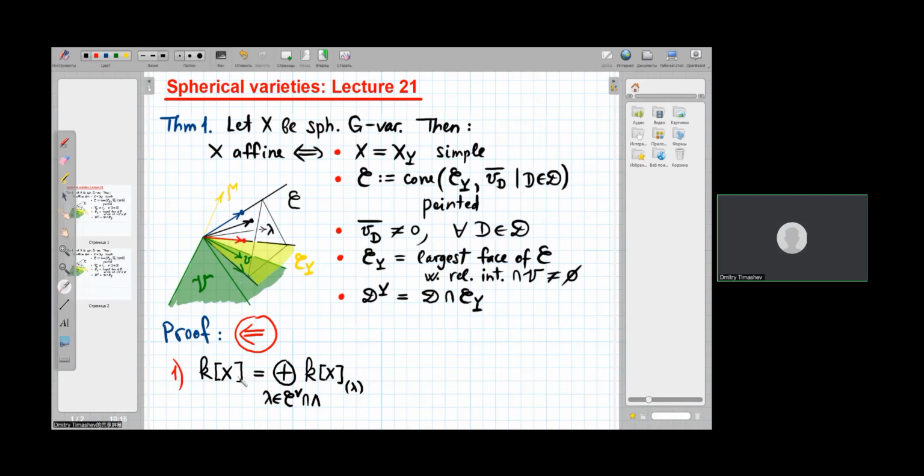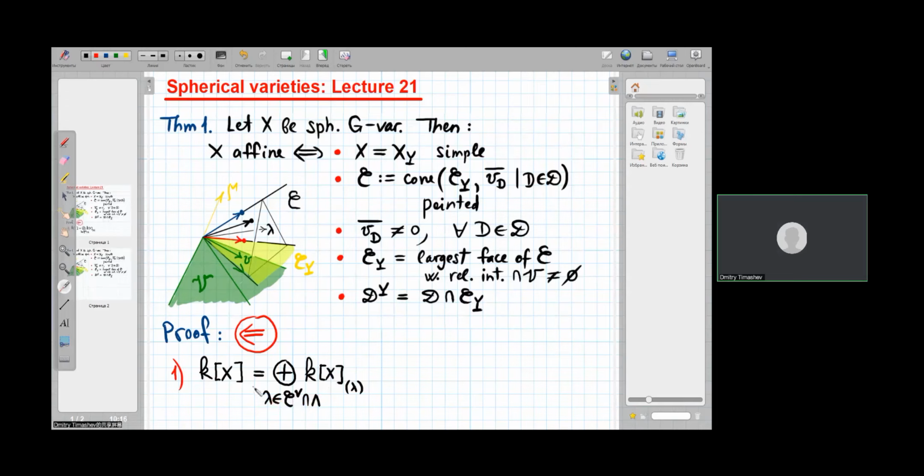And this exactly means that this function has no poles along X, and so far it is regular on X. This is about B semi-invariant functions, but you know that the algebra of regular functions is a direct sum of simple submodules. And each of these simple submodules is generated by its highest weight vector, which is exactly the semi-invariant function whose weight satisfies this property.